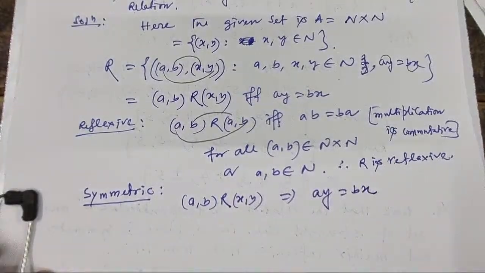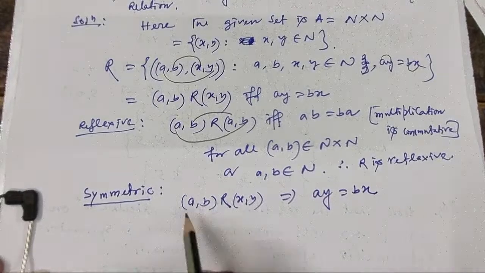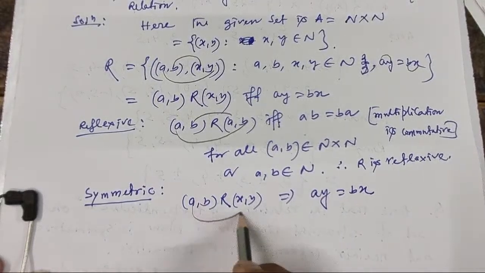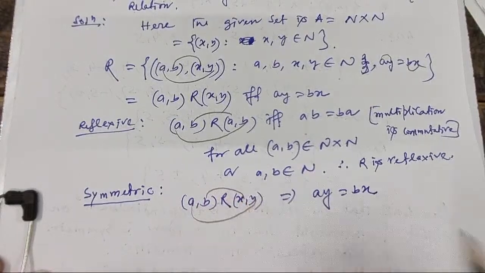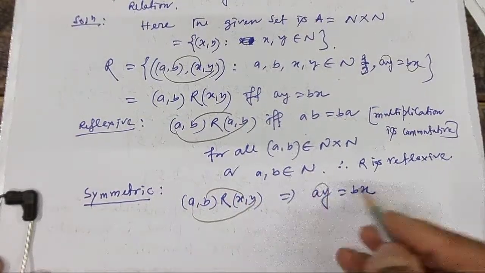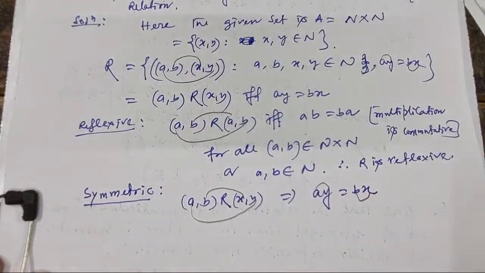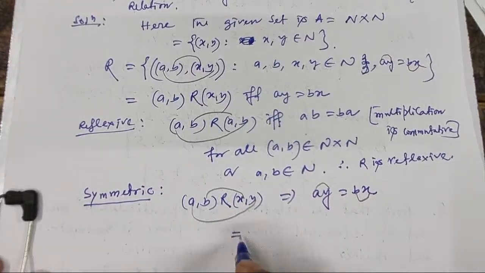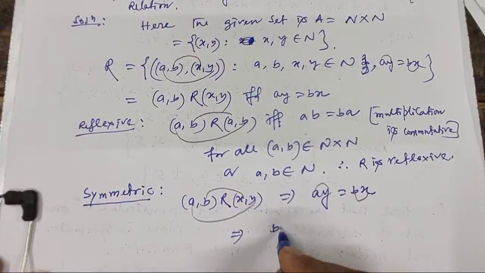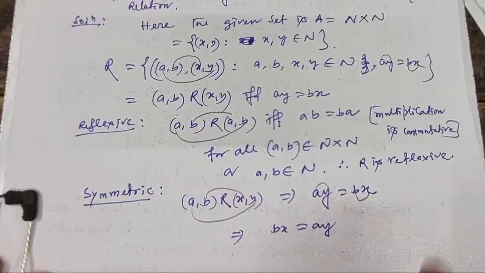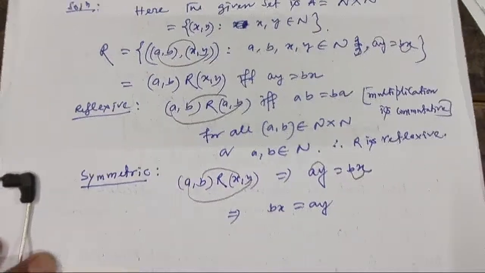Check it here again: ay first, last, second, first. That means here also the same, ay, bx, right? Now can I write bx equals ay? Yes, I can write. That's possible for us.